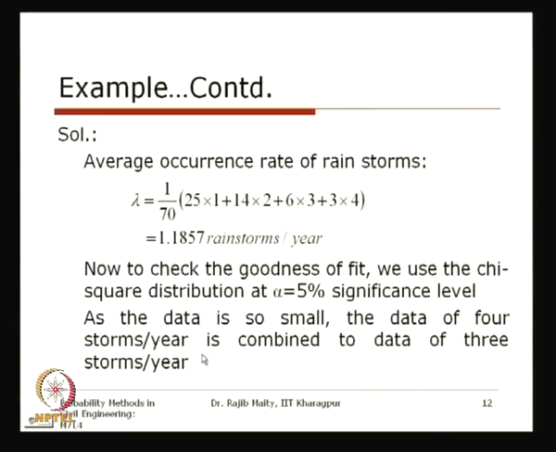We have to think about what distribution we have hypothesized. It is the Poisson distribution, and the support of that distribution starts from 0, then 1, 2, the discrete values, and goes up to infinity. The data given to us is 1 rainstorm, 2 rainstorms, 3 rainstorms, up to 4 rainstorms per year.